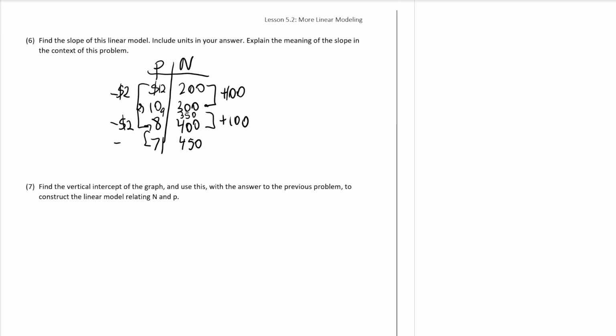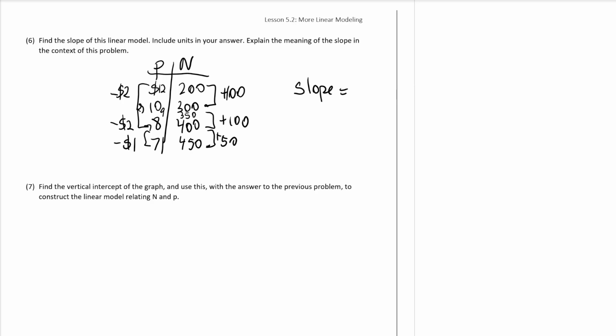For a $1 increase, it goes down by 50. I mean, it goes up by 50, not by $50, but by 50 more necklaces. So if we write it as a slope, remember you learned this in algebra, rise over run. In this case, it is the change in the dependent variable over the independent variable.